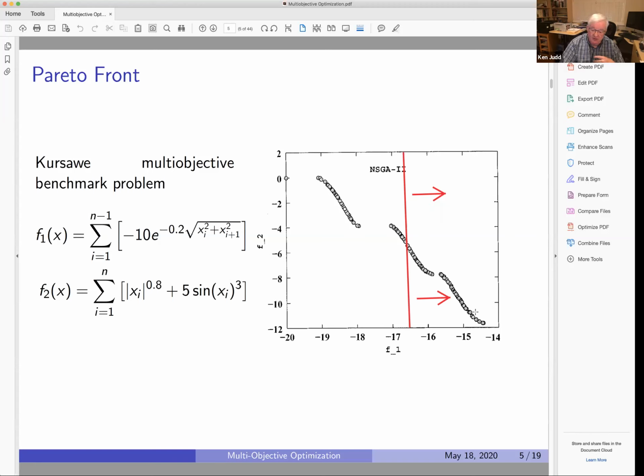Well, all you have to do then is go through the Pareto frontier, and take a slice at the F1 minimum value, and there you have the Pareto point. It says that the best F2 conditional on this constraint in F1 is at this point.